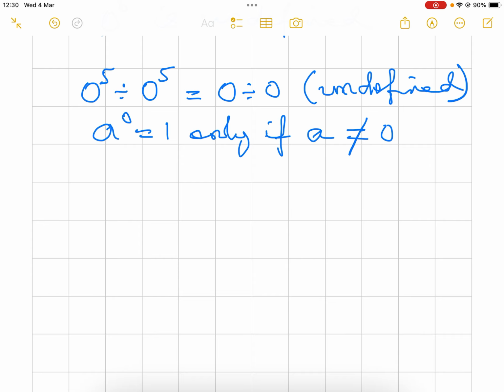All right. Now, apply this to other expressions. Example.